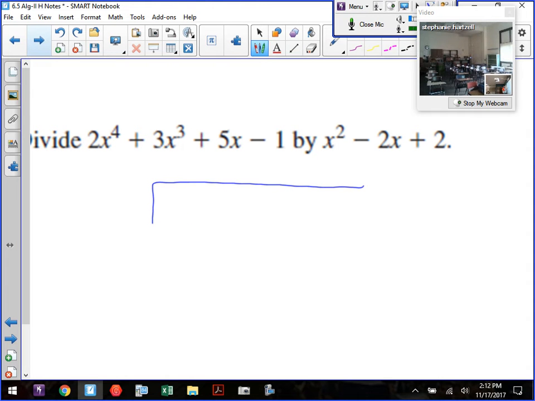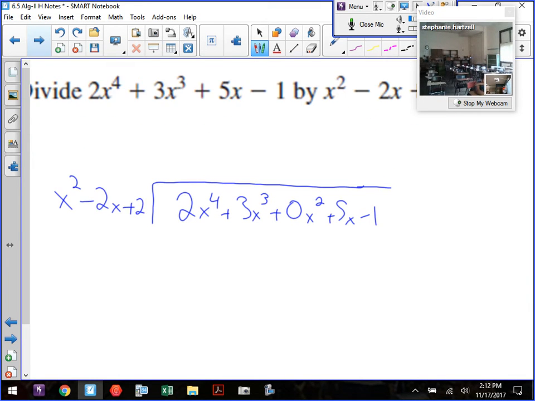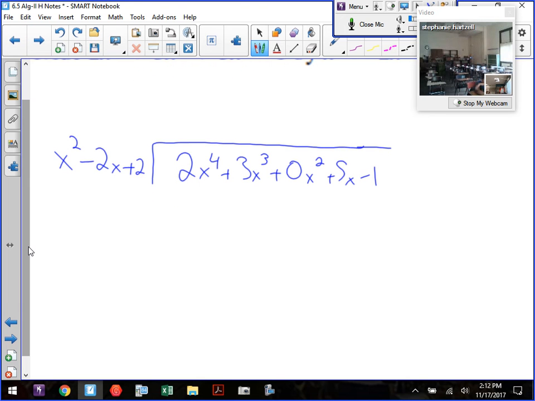So I put in here 2x to the 4th, 3x cubed, 0x squared, 5x minus 1, x squared minus 2x plus 2. And again, you just go through the process.